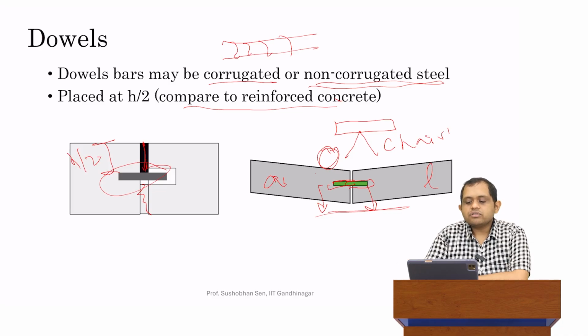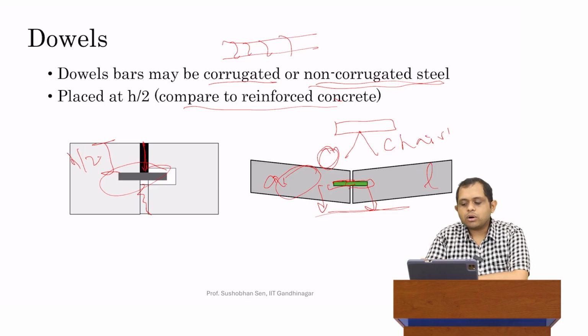So the load transfer is happening from the concrete part of the approach slab through the bonding between the concrete and the dowel to the dowel on the approach side, from the dowel on the approach side to the dowel on the leave side, because it's basically the same physical dowel. And then the dowel on the leave side is pulling down the slab on the leave side. So that is the entire mechanism of dowel action for performing load transfer through dowels.